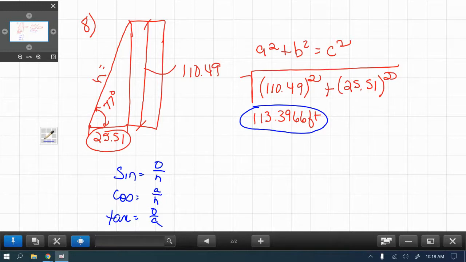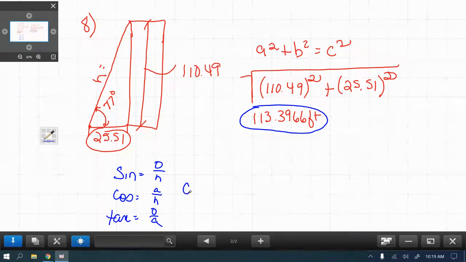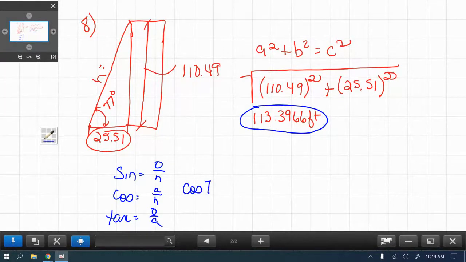So I could have used cosine of the 77 is equal to the adjacent, which is 25.51, over the hypotenuse, and we're looking for the hypotenuse.